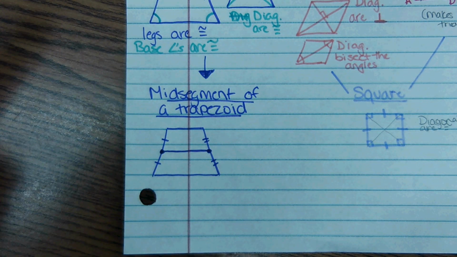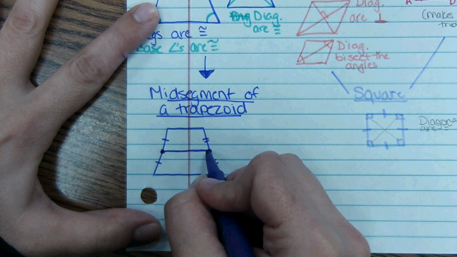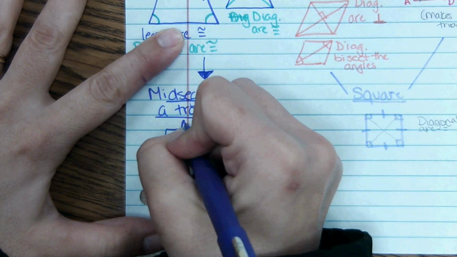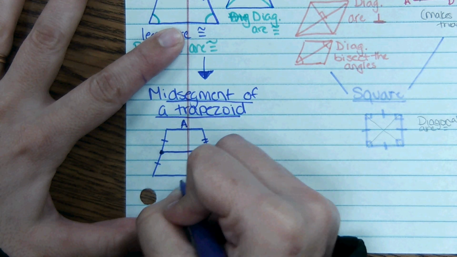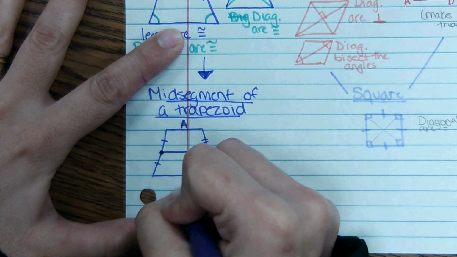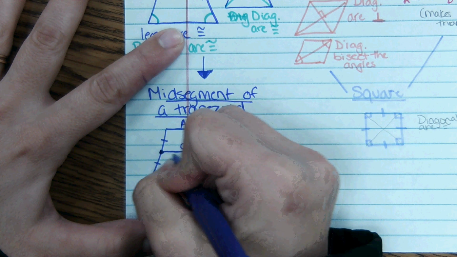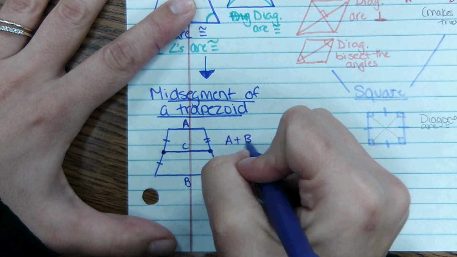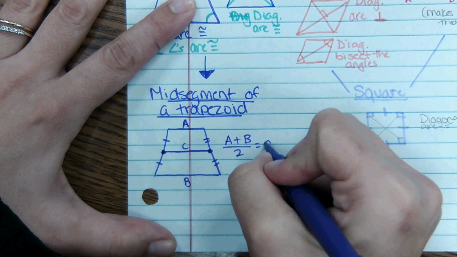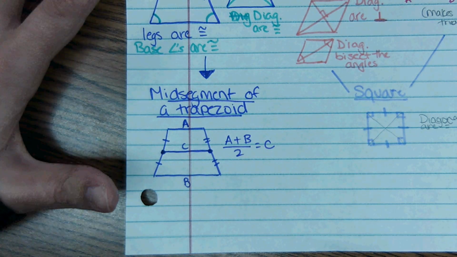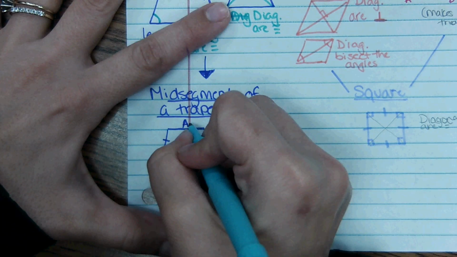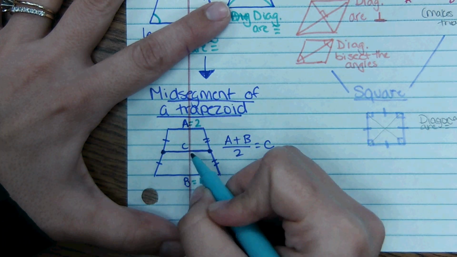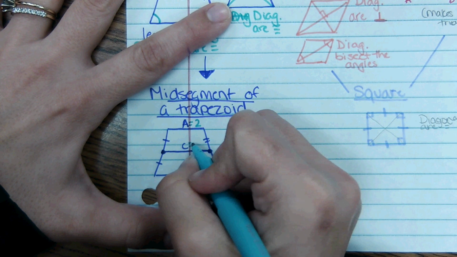This mid-segment is the middle length of the bases. Here, let me show you. Let's say this is A, and this is B, and this is C. The length of the midsegment is the average of A and B, so you can do A plus B divided by 2 to get the measure of C. If we're using numbers, let's say A is 2 units long, B is 4 units long, C would be the middle of that, which is 3.